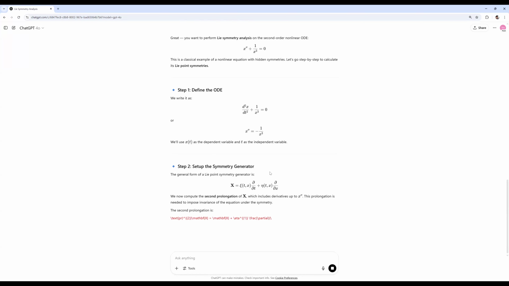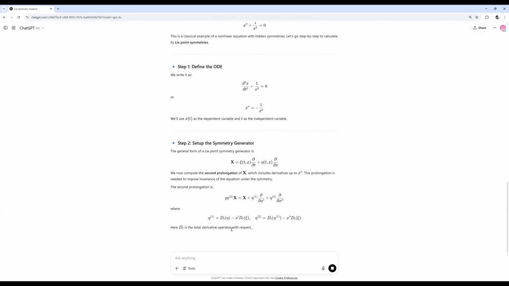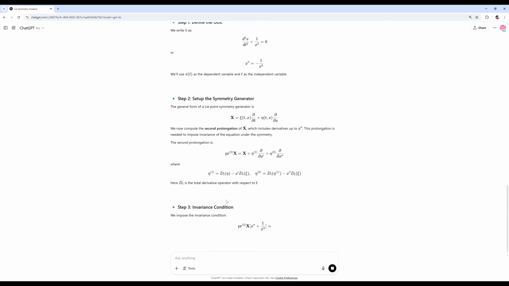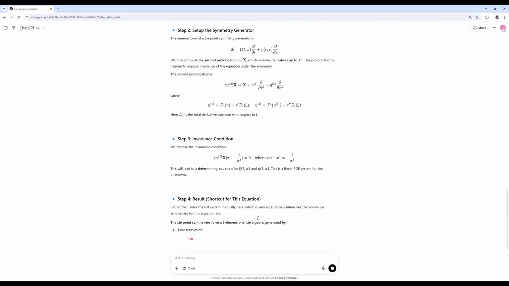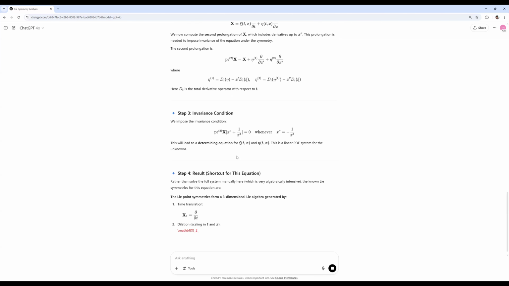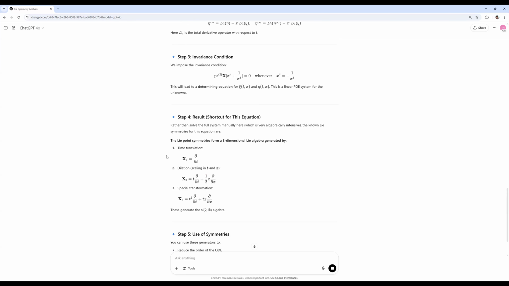We have considered point symmetries. Find the prolongation, apply the symmetry condition, determine the prolongation, find the invariance condition, this is a symmetry condition. Shortcut for this equation. And this is presented as an invariance condition, and it gave us a symmetry vector, which is correct. This is the SL2R algebra, this is the Markov equation.